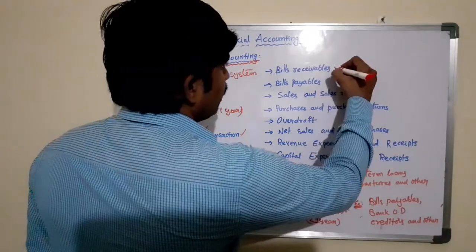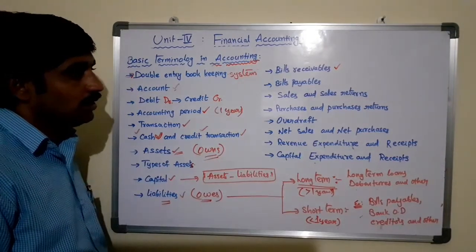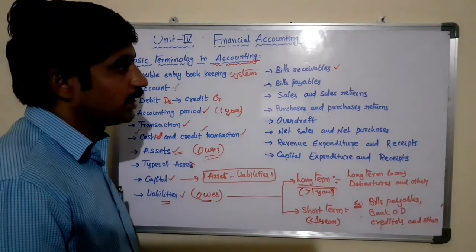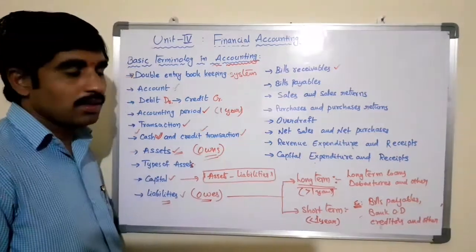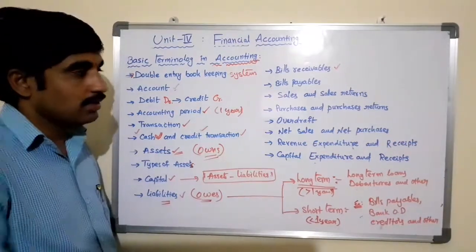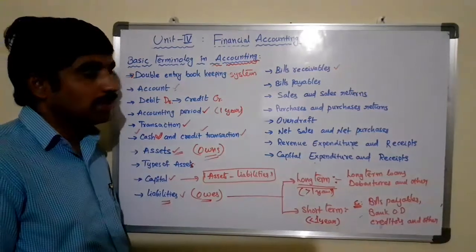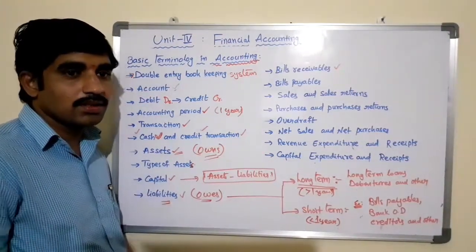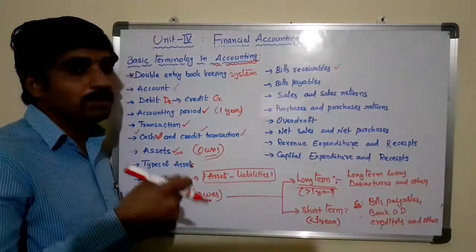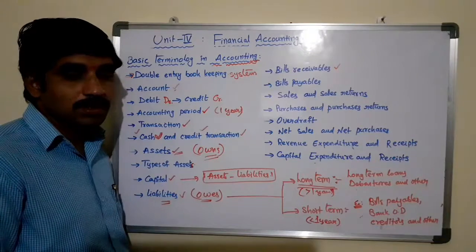And coming to bills receivables. Bills receivable is the promise taken from the customer when transactions are conducted on credit. The acceptance received from the customer, that is, a promise that a certain amount will be paid on a future date, is known as a bills receivable.